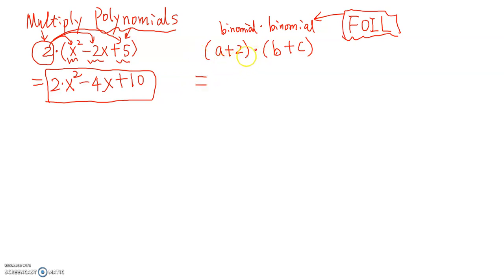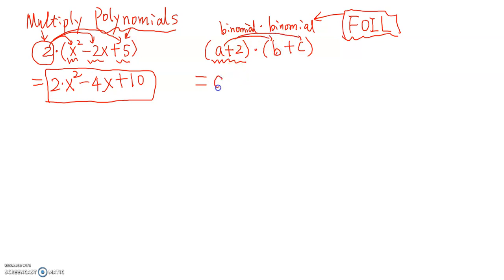So when we do this type of question, when you have more than one term in each parenthesis, the idea is to use the distributive principle. What this means is you have to distribute each term in the first parenthesis. We have 2 terms, so you distribute the first term, say a, to what's in the second parenthesis.